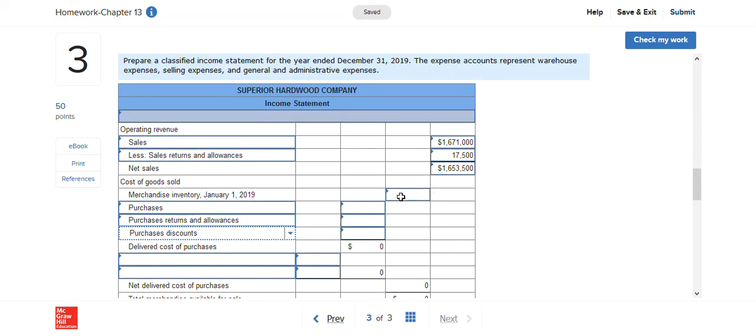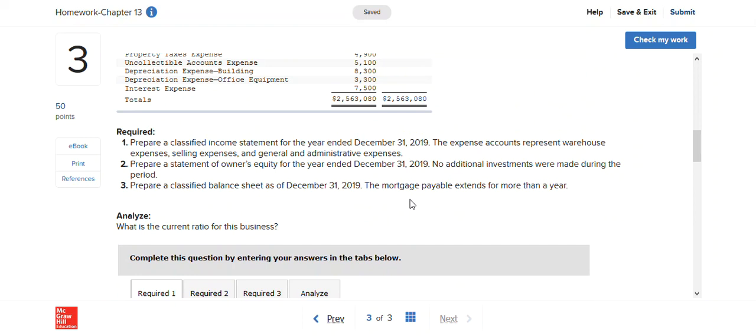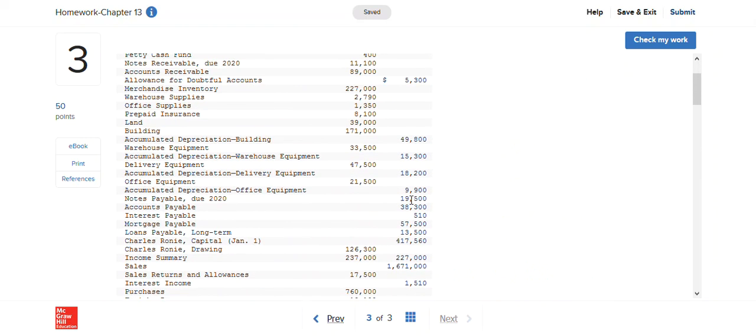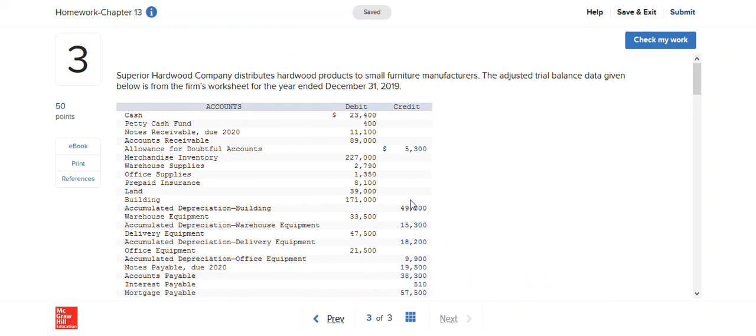All right. So in this section of the worksheet, this section comes after the adjustments. And one of the adjustments we would have done would be to our merchandise inventory.